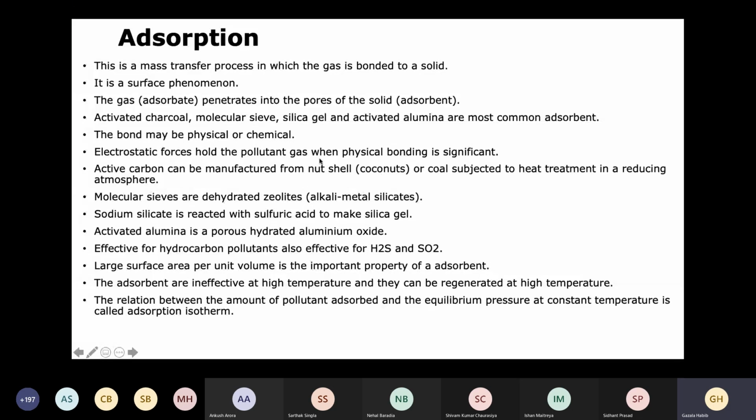So manufacturing of activated carbon using coconut nutshell is a very common practice. Even charcoal manufacturing from sugar cane waste is also very common in Maharashtra.